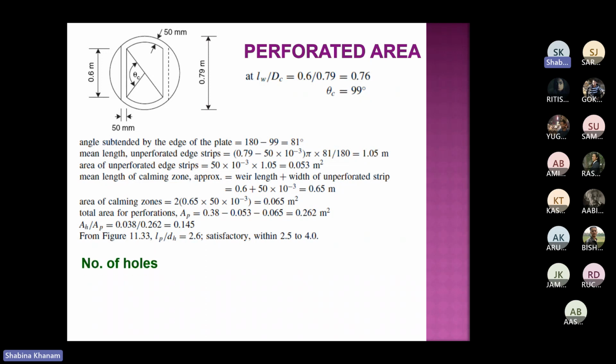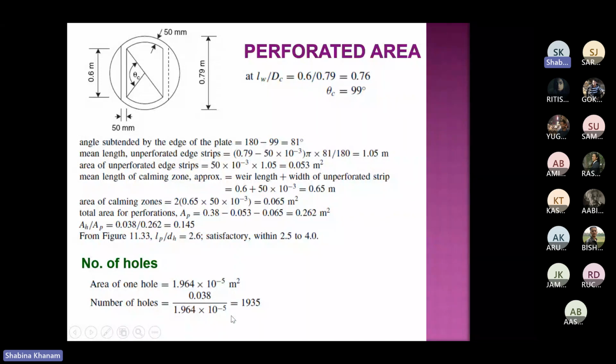Now, we can find the number of holes. Number of holes would be the area of holes divided by the area of a single hole, that is AH divided by the area of one hole. So you can find the number of holes as 1935, and all these will be available in this perforated area, not in the calming zone area and so on.